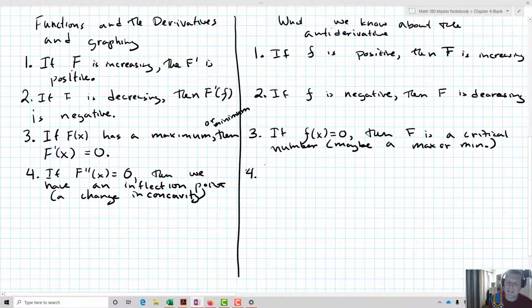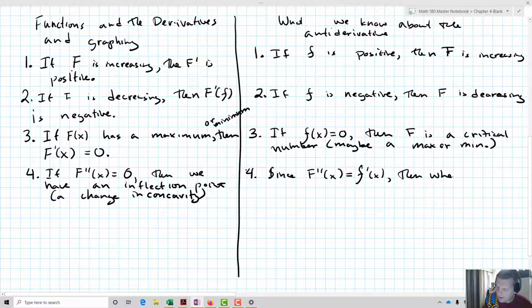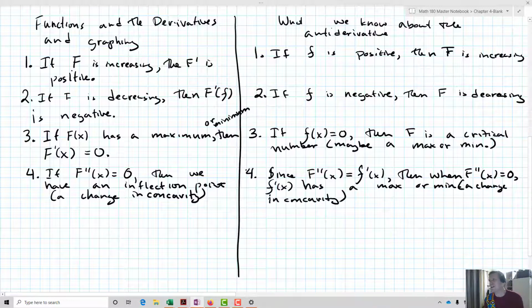Well, if we think about that, what it means for the derivative is if F double prime of x is equal to 0, that means F prime has a maximum or minimum, because F double prime is the derivative of F prime. So when F double prime of x equals 0, F prime of x has a max or a min, a change in concavity, assuming that we actually do have that change.